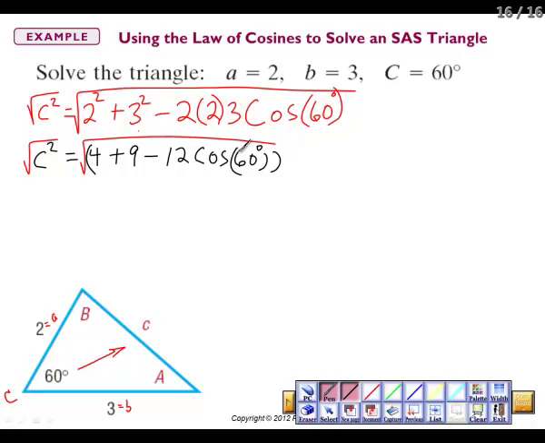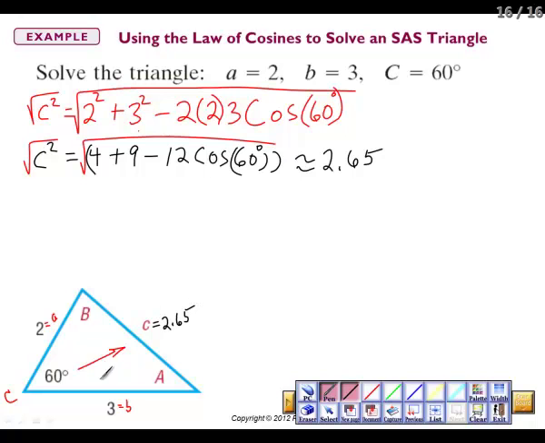So that'd be 12 cosine 60, and then close parentheses, and we get 2.6457, and since they've been rounding to the nearest hundredth, we'll go ahead and do that. That'd be 2.65 for side C.